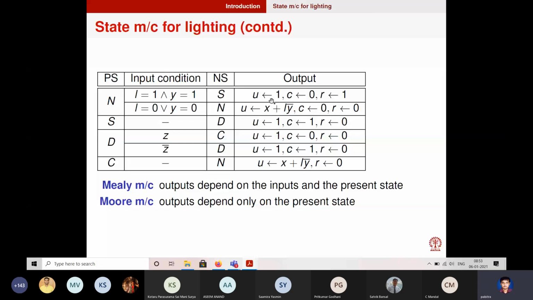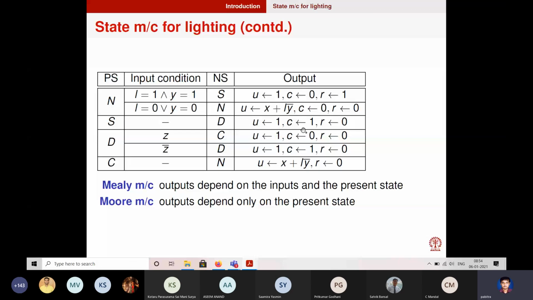And if the next state is normal, then you can turn off the light depending on your indoor lighting condition, which is X and L and Y. Y is the output condition depending on these signal variables. So this way you can decide on the output.